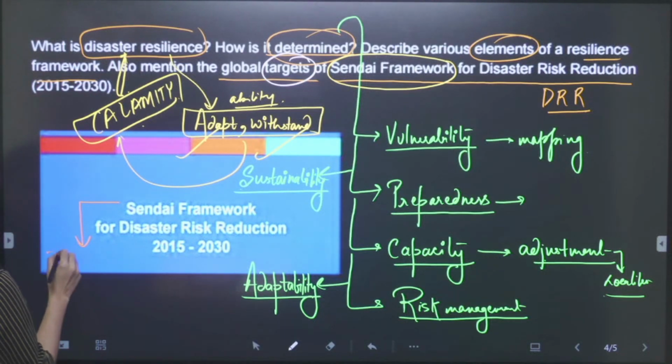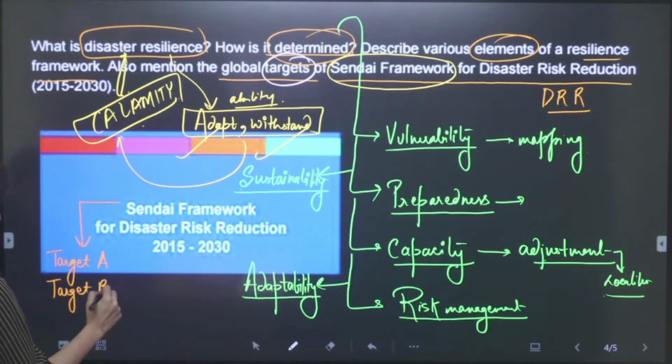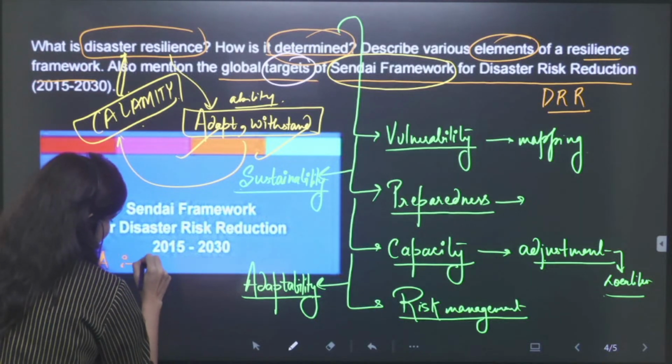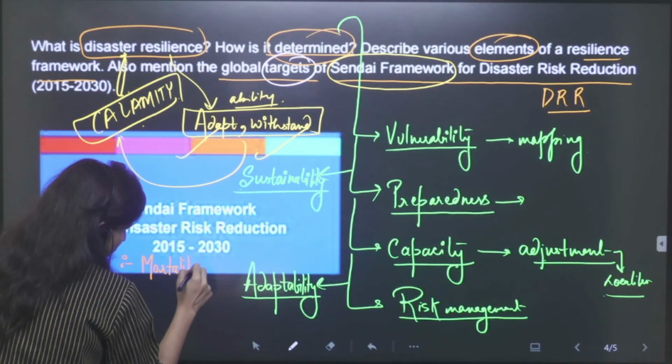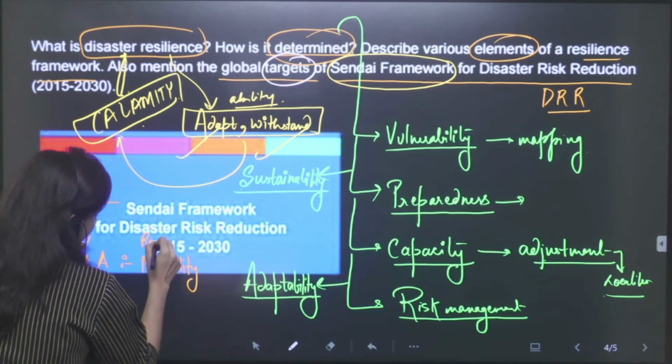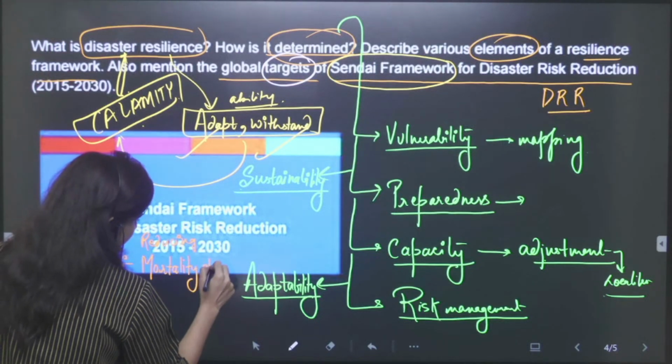So, one is target A, target B, target C. Target A is talking about reducing global disaster mortality. That means the entire check is over reducing the mortality globally.